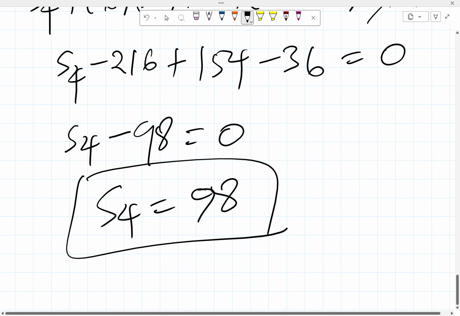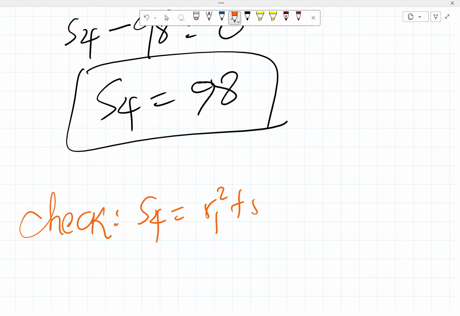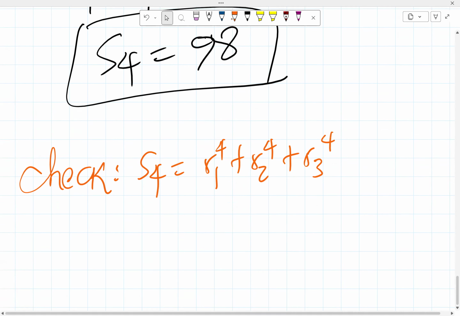And that is it. So again, we can check. S4 is the same thing as R1 raised to power 4 plus R2 raised to power 4 plus R3 raised to power 4. That's what S4 means.